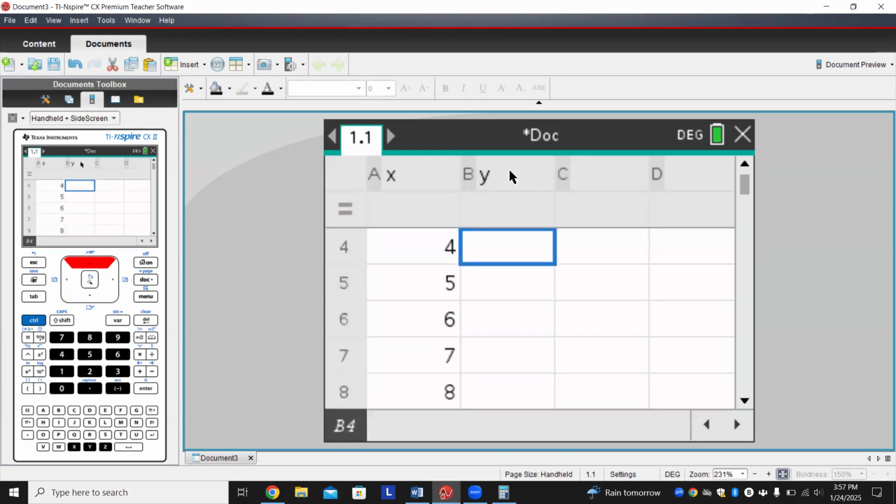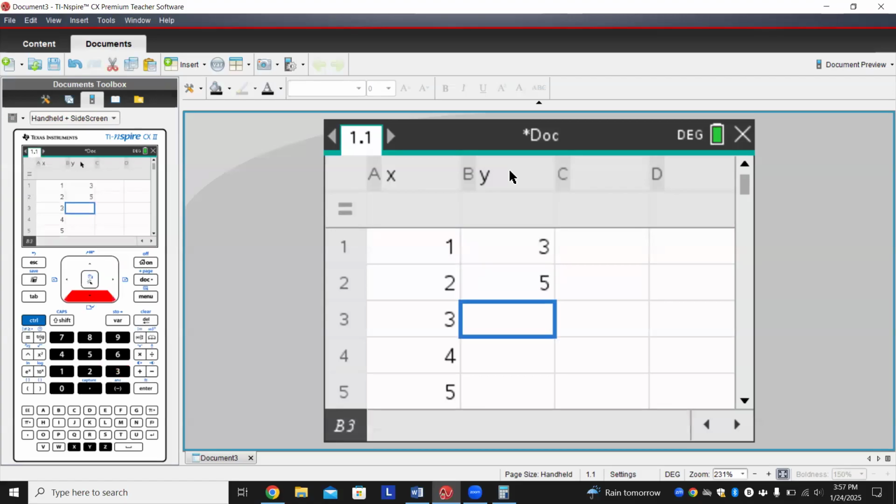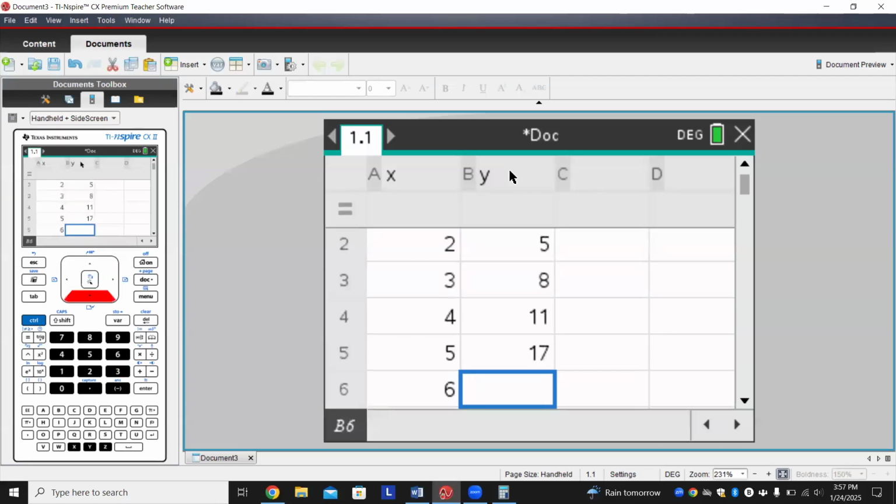Then move over here. And I would have 3, 5, 8, 11, 17, 22, 28, 32, 35, 38, 40, and 42. Again, don't forget to arrow out.